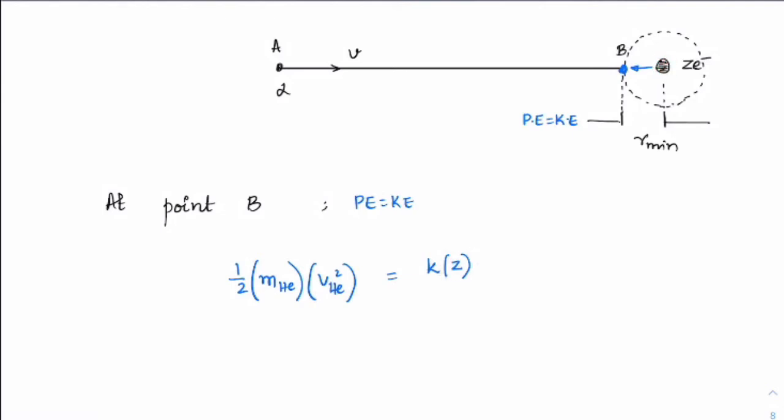He took copper instead of iron for scattering rays, and he asked what is the closest distance, this r minimum. So K into Z into e, the charge of this nucleus, into the charge of the alpha particle. For helium, the Z value is 2, into e, which is the charge of 1 electron. I mean, it has 2 proton charges.